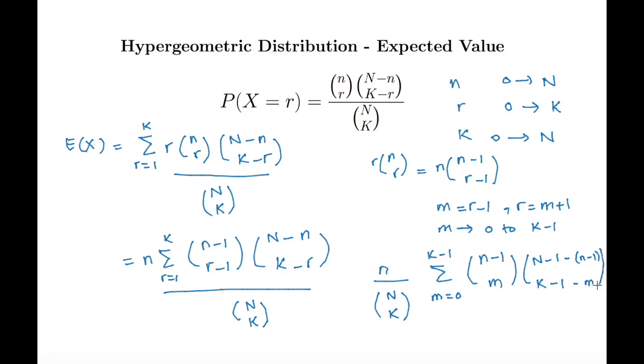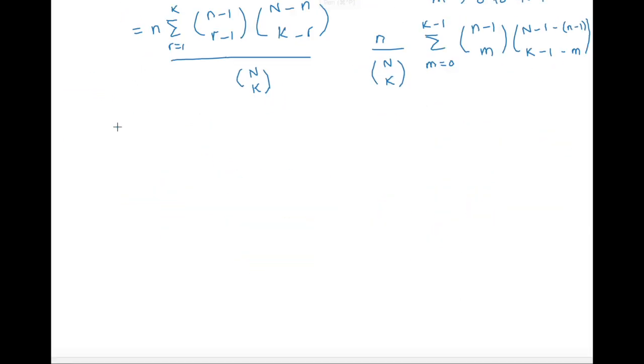Okay, and then I have this part. Now note that this is exactly the same as our hypergeometric distribution formula, but the parameters are changed. So now what is the probability mass function of a hypergeometric random variable with these parameters k minus 1, n minus 1 and N minus 1?